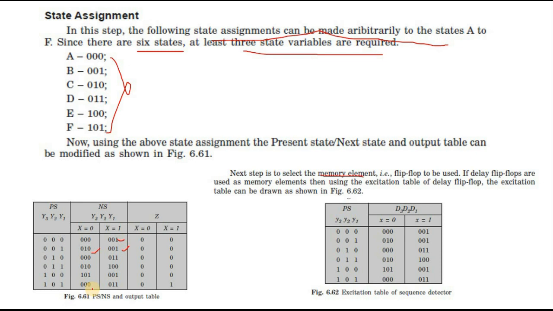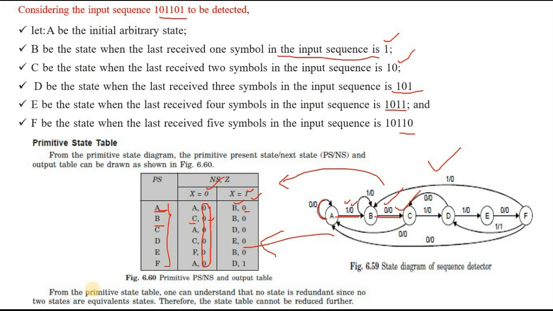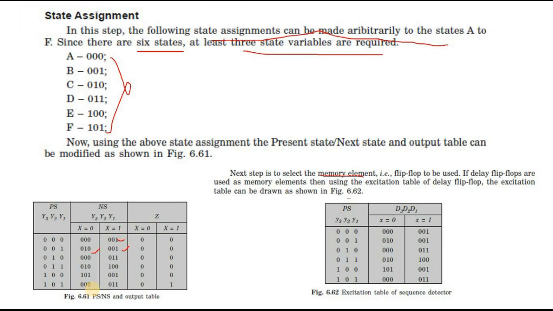Okay, so how can I do that? When x equal to 0, you come here to understand x equal to 0, what is the value of a? 0 0. So like that I have mentioned here all zeros. Next, what is the value here?